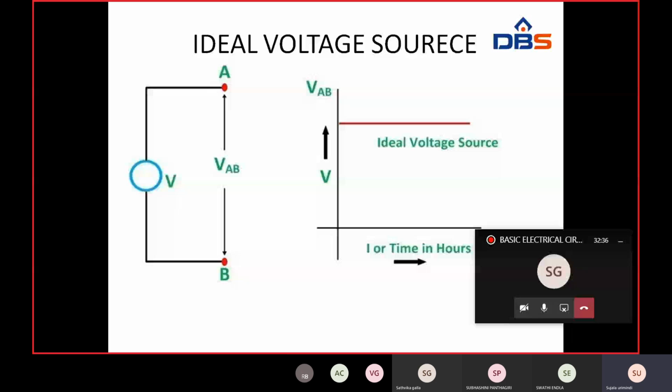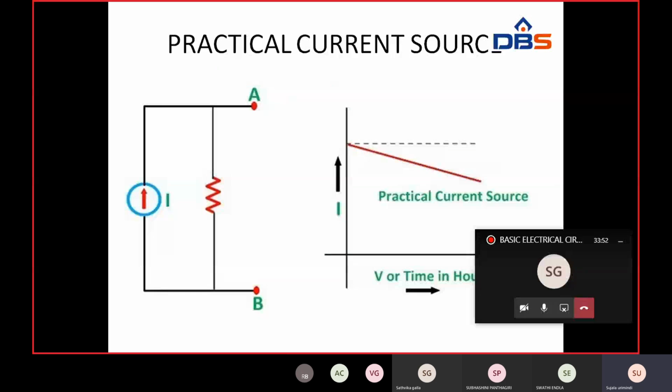But when I say ideal, I neglect that resistance. For the practical current source, the resistance is in parallel, meaning adjacent, as in shunt. Series means the same side, parallel means the adjacent form. So here the resistance must be present.